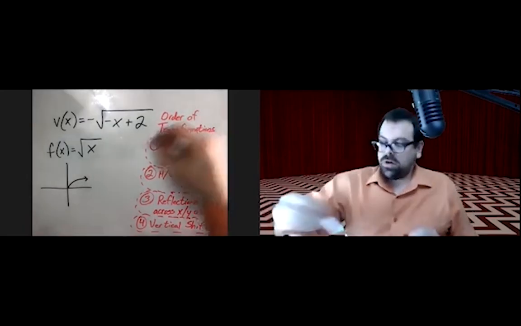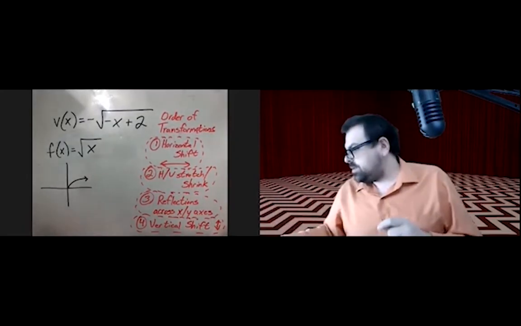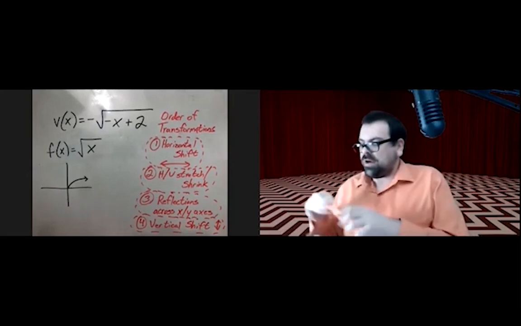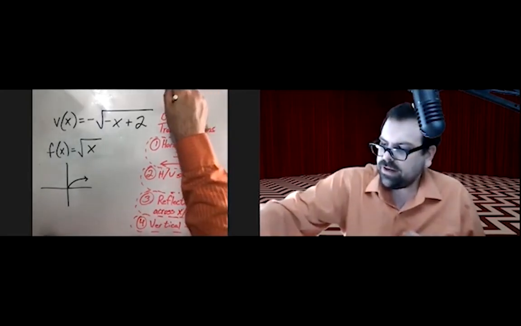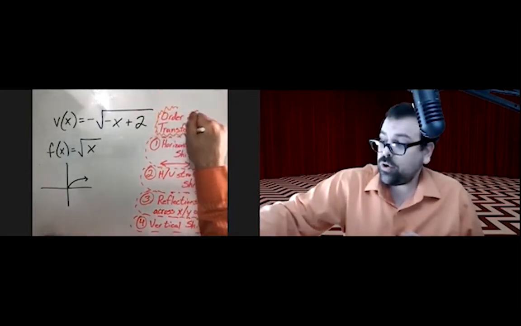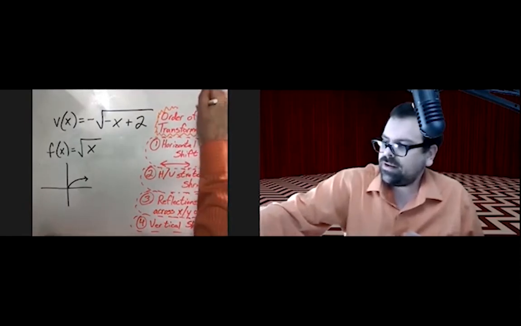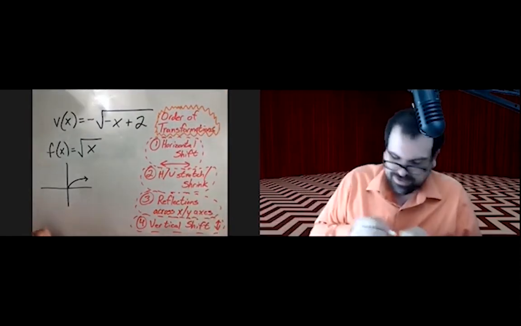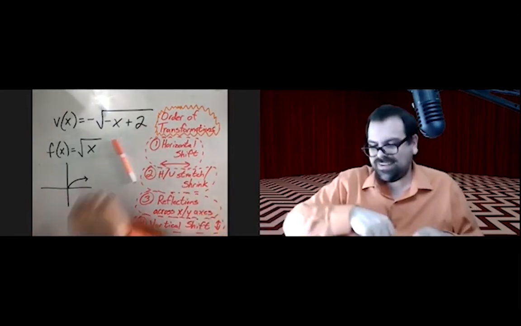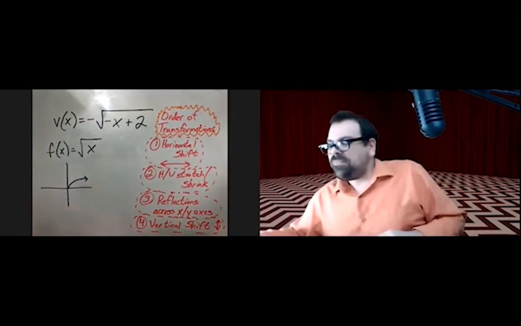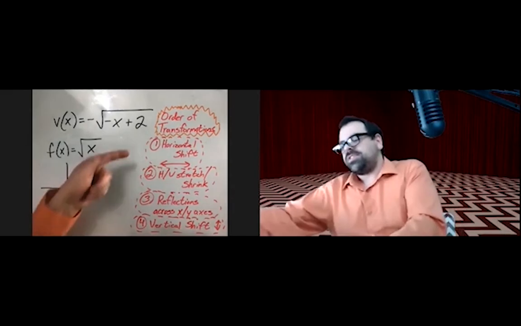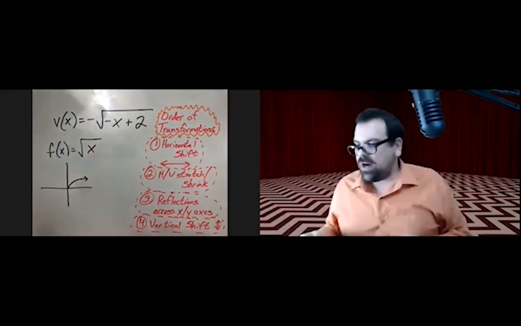So the order of transformations, which you probably didn't even realize was a thing. I, being the teacher, totally knew it was a thing. You'll never know. I did. The order of transformations. Horizontal shift, left, right.